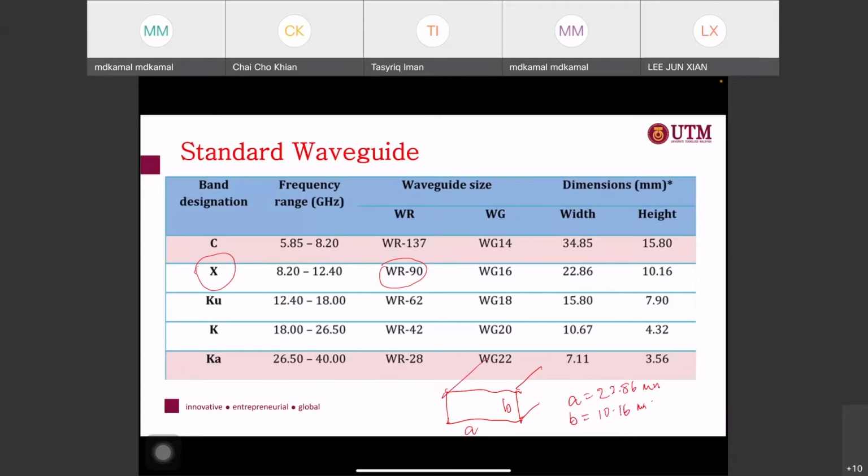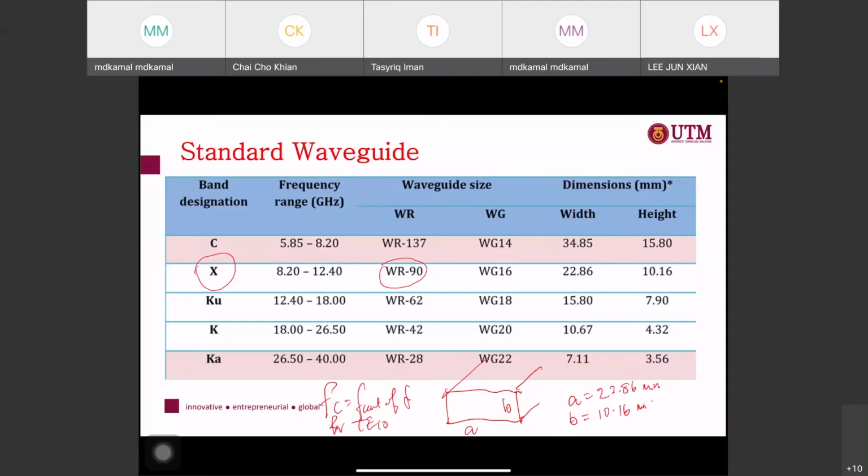Can you calculate for me the cutoff frequency for TE10, meaning the dominant mode? I want everybody to calculate the cutoff frequency for this particular waveguide, at the dominant mode.